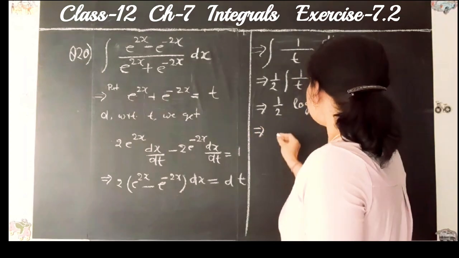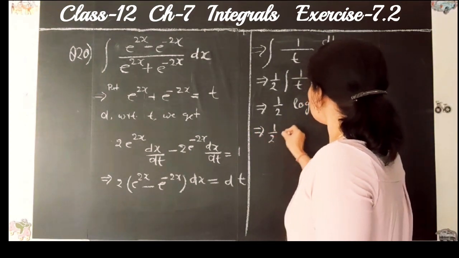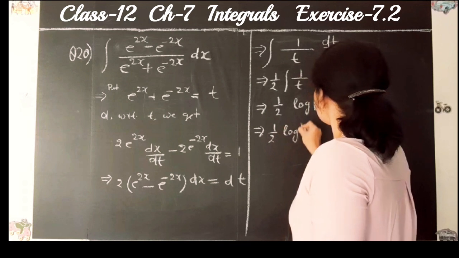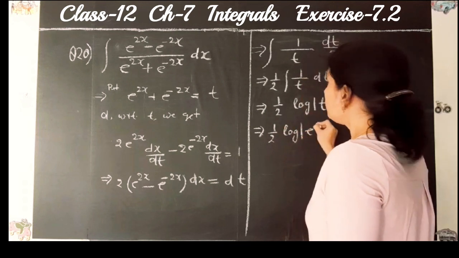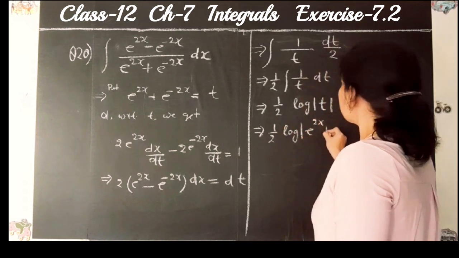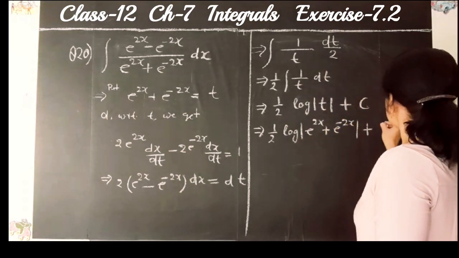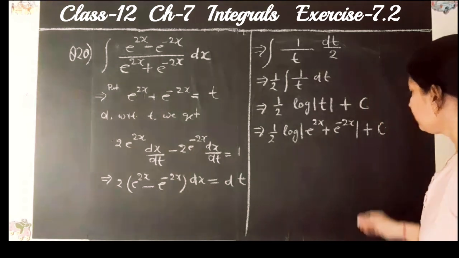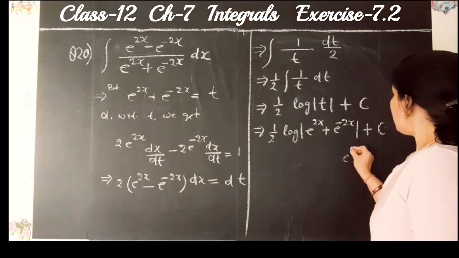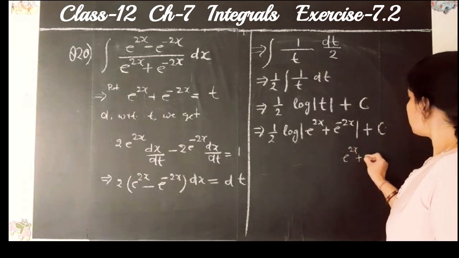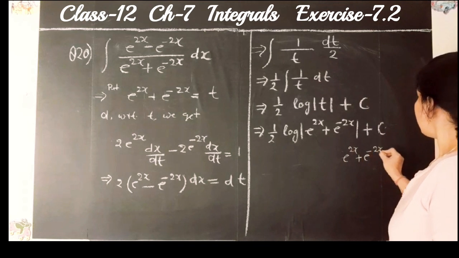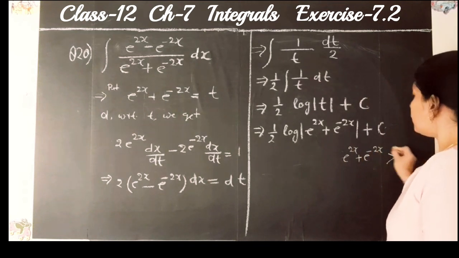Now put the value of t. Write here 1 by 2 log mod e to the power 2x plus e to the power minus 2x plus write this constant c. Here e to the power 2x plus e to the power minus 2x will be greater than 0.